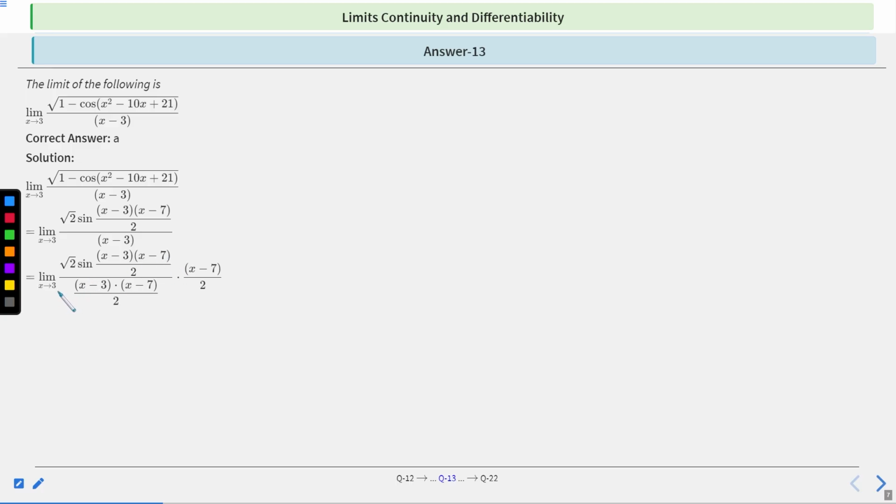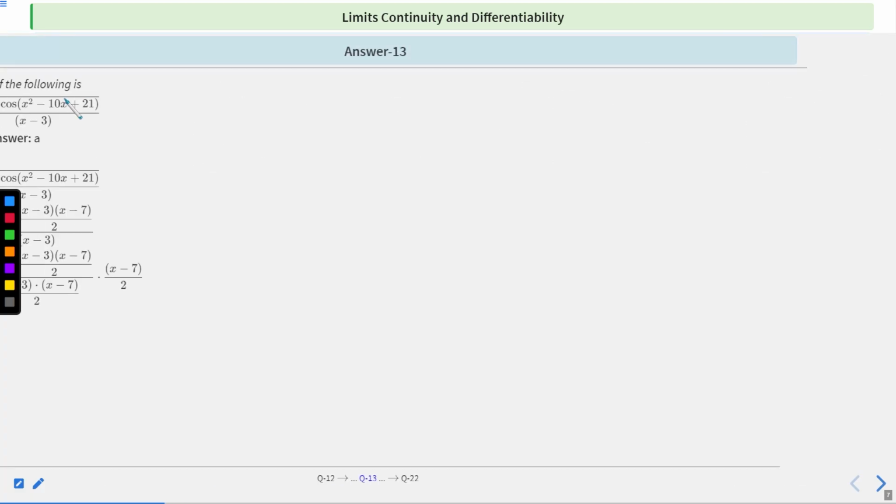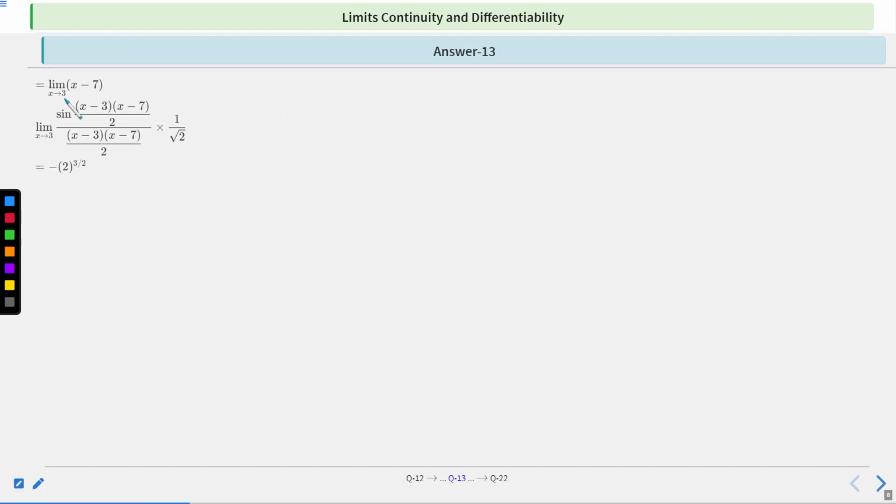Now it is equal to the limit as x tends to 3 of root 2 sin of ((x minus 3)(x minus 7) upon 2) upon (x minus 3) into (x minus 7) upon 2. Let's multiply and divide by (x minus 7) upon 2 in the numerator and the denominator, right? So we will get the limit as x tends to 3 of x minus 7. Clear? We have multiplied and divided.